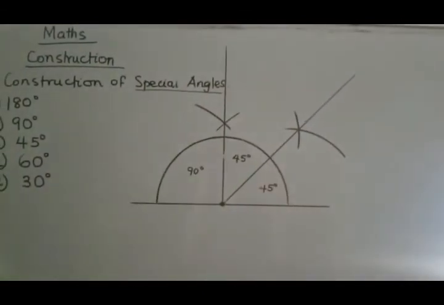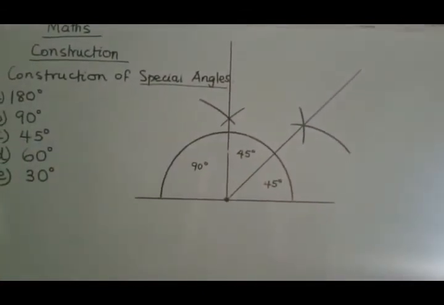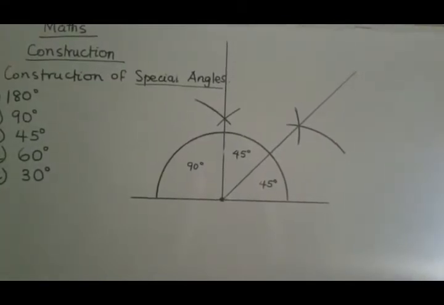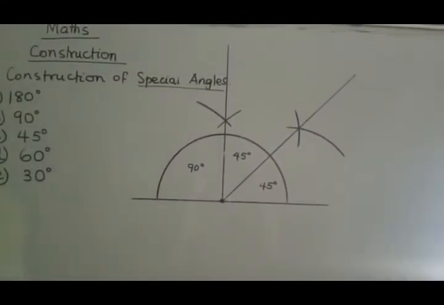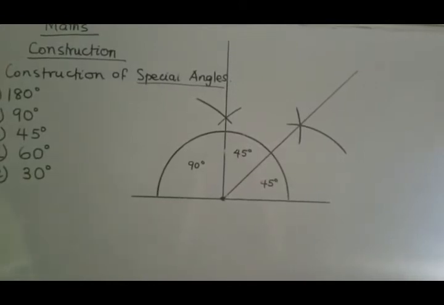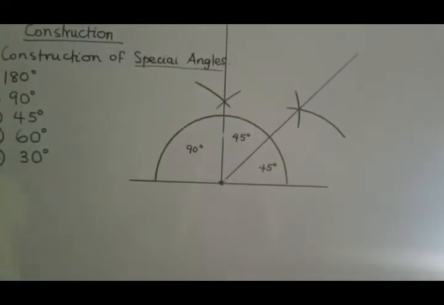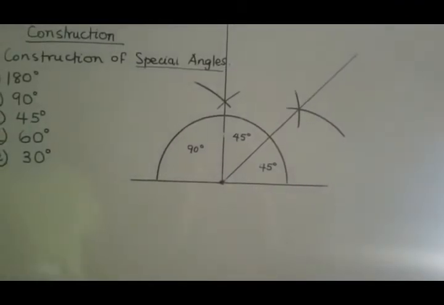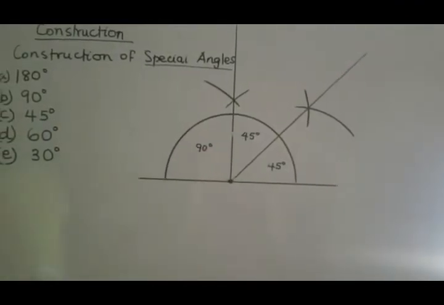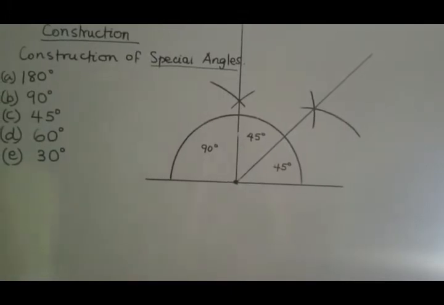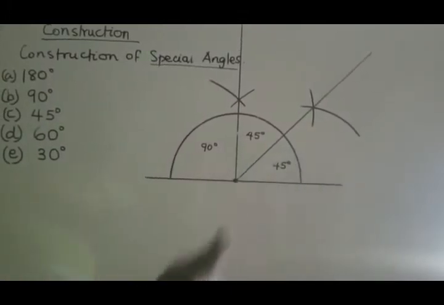So we have learned how to construct 180 degrees, 90 degrees, 45 degrees. And do you know we can still go on to constructing angle 22.5 degrees? That is dividing that.